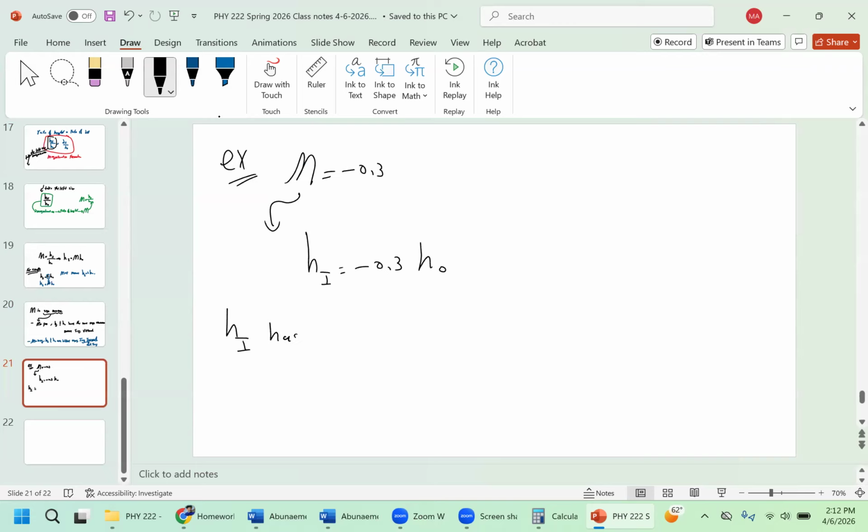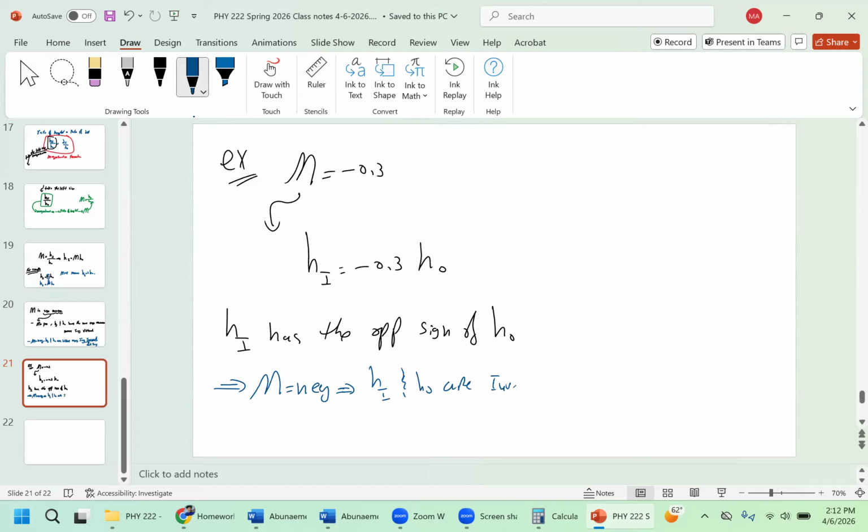The height of the image has the opposite sign of the height of the object, which means, because M is negative, HI and HO are inverse, that means the image is inverted, which means it's a real image.